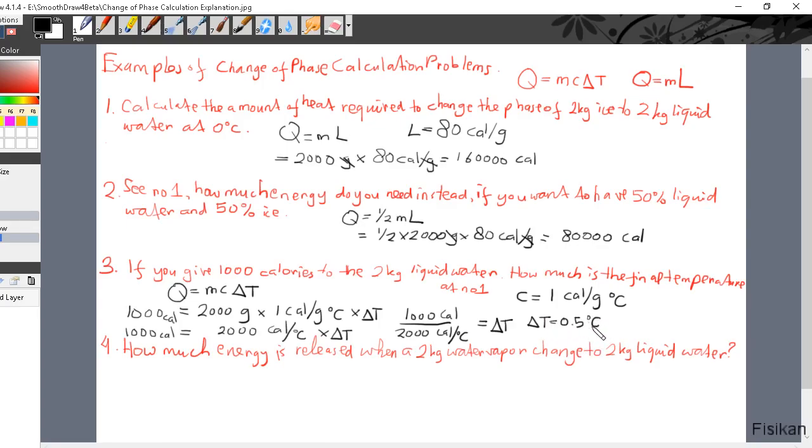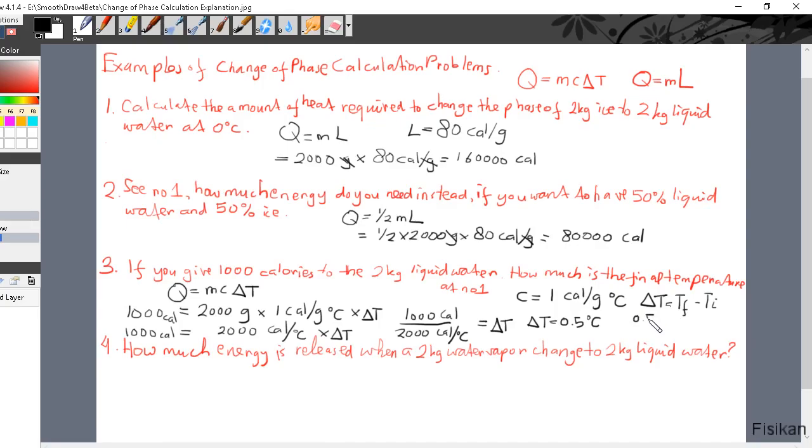And this is not the final answer because delta T is just the change in temperature, so you need to find the final temperature. We know that delta T is Tf, the final temperature, minus Ti, the initial temperature.